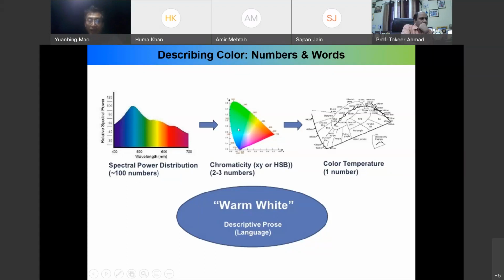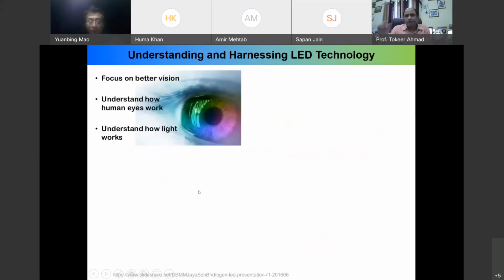Because it is a diagram like this, we normally use coordinates, depending on where it's located. And then there's color temperature as well. Color temperature normally is only one number, but for chromaticity, it's two to three numbers.